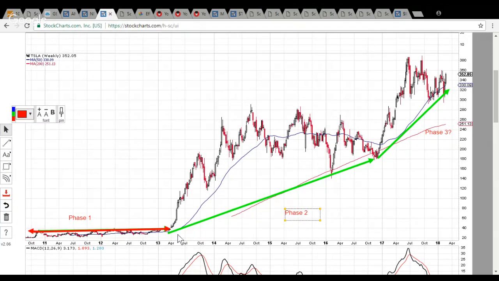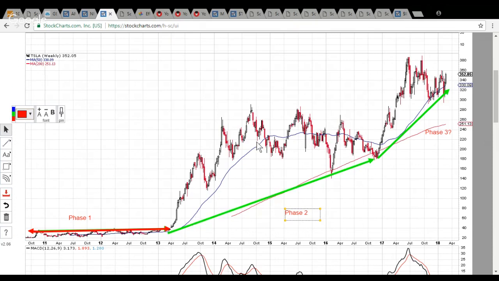Tesla, because if you drew the phase 2 line here, which would have been absolutely accurate, except for one thing. That's too sharp of an angle for a phase 2. Phase 2 should always be well below 45 degrees.